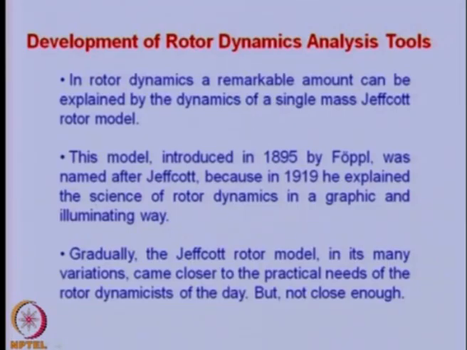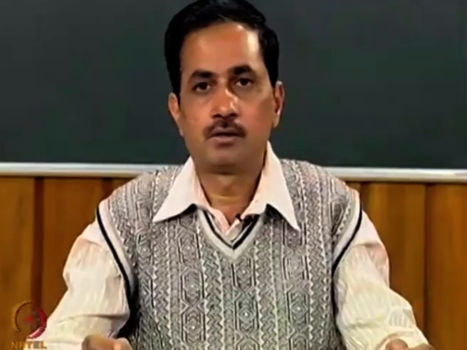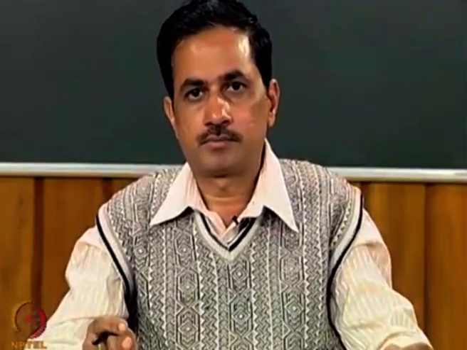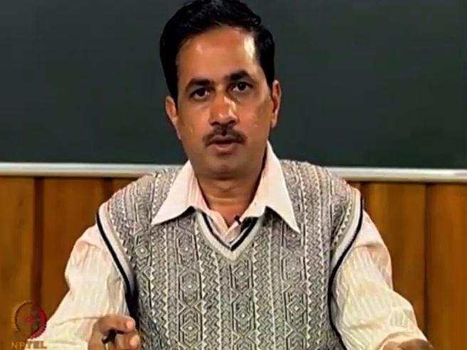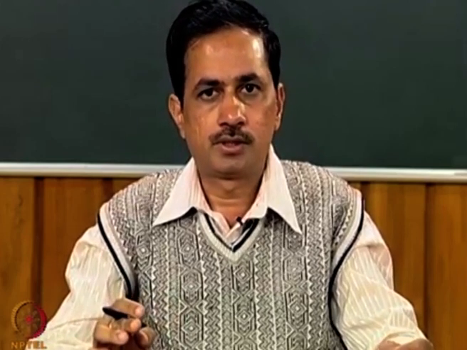Gradually, the Jeffcott rotor model in its many variations came closer to the practical needs of rotor dynamists of the day, but not close enough. Vibrations of rotors with continuously distributed mass were studied. In rotors, we can model them as discrete masses or as continuously distributed property.